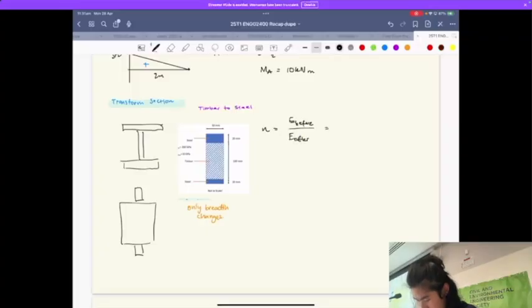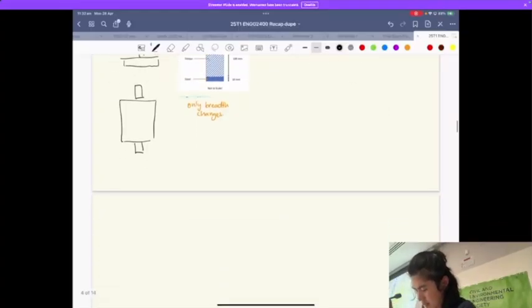In this case we're doing timber to steel, so it's going to be 10 over 200. You don't need to care about unit conversion because it's just a ratio. You just have to make sure both elastic moduli are in the same units, so it doesn't matter if it's in MPa or GPa. This will end up being 1 over 20.